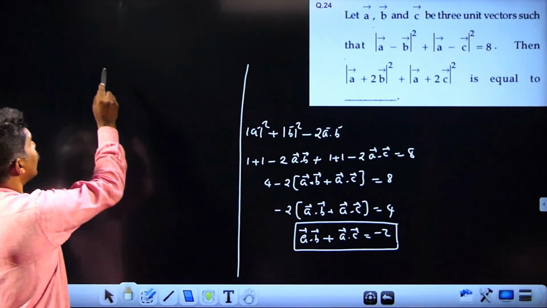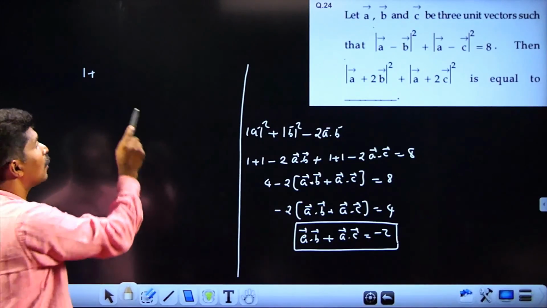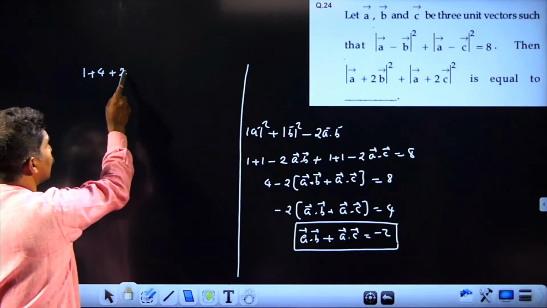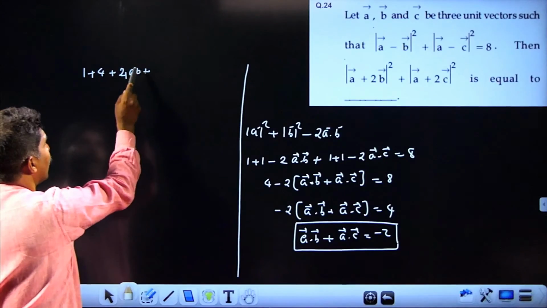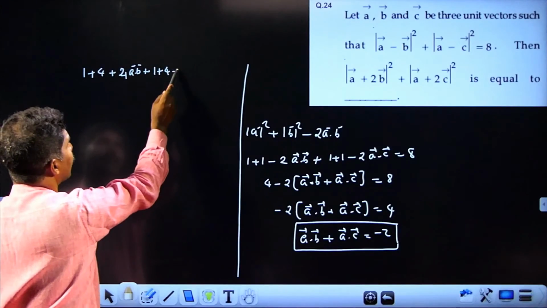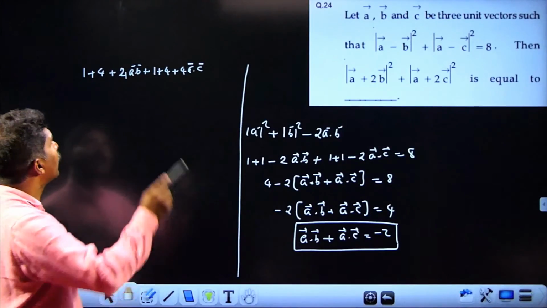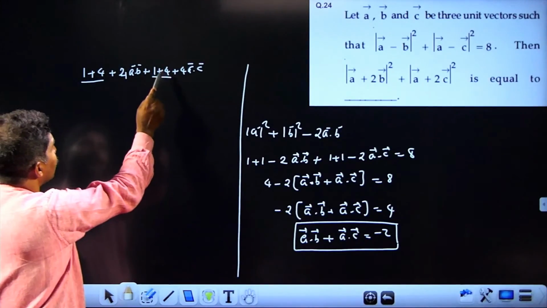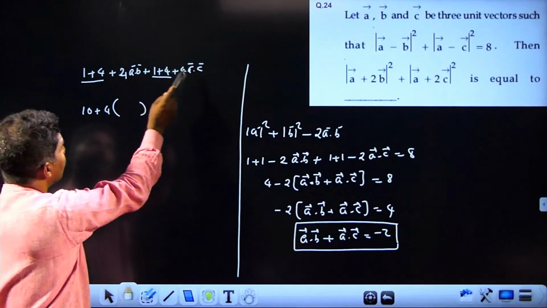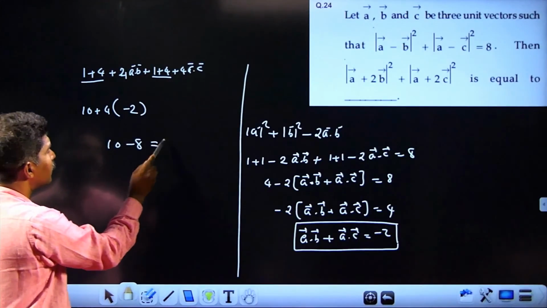Directly you can write it as mod A square is 1, plus 2 times mod B the whole square, that is equal to 4 into 1, 4, plus 2 times, 2 into 2, 4 actually, 4 times A dot B plus, second is what? 1 plus 4 plus 4 into A dot C. How will you get it? 1 plus 4, 5, plus 5, 10. 10 plus 4 into A dot B plus A dot C, which is minus 2. That is equal to 10 minus 8, answer is 2.